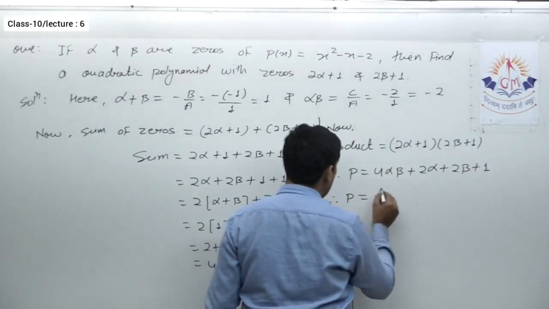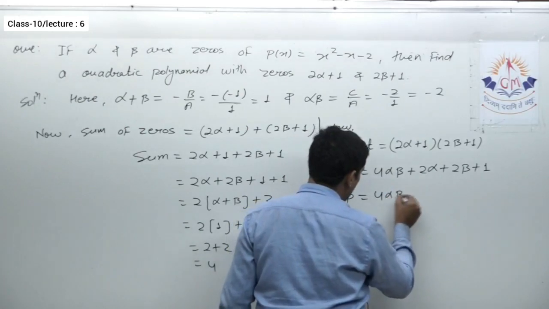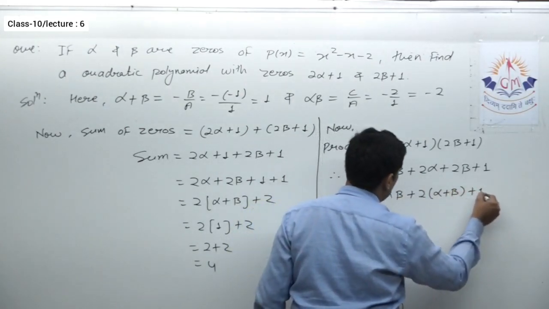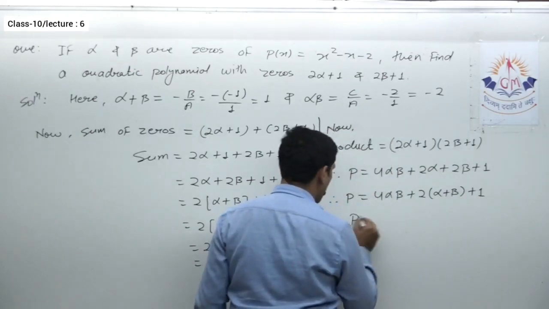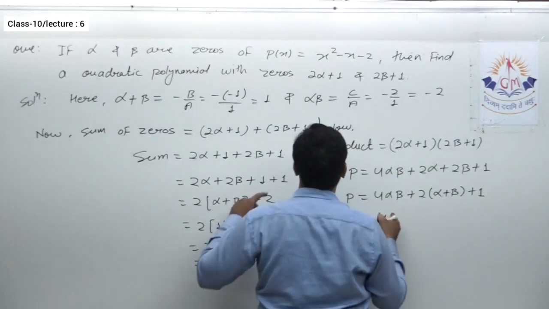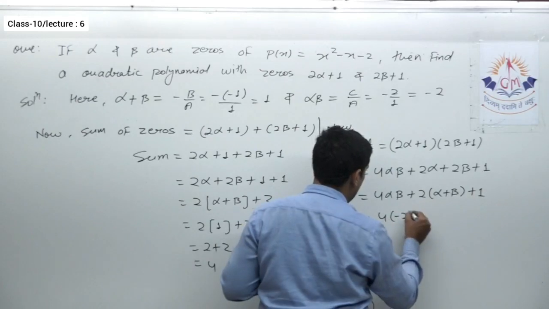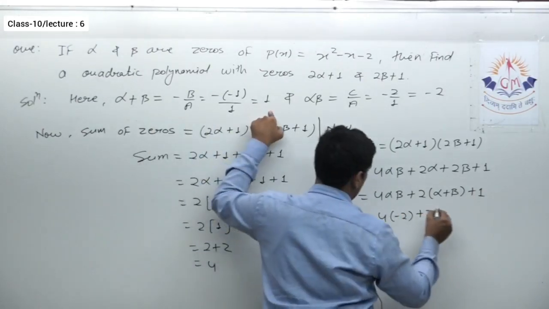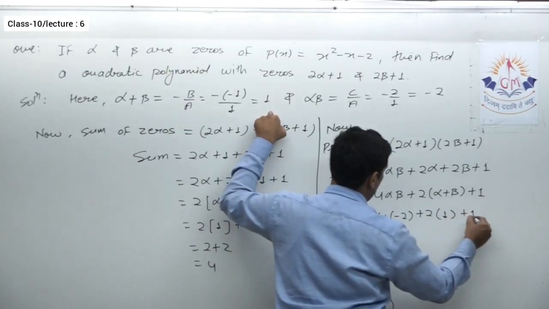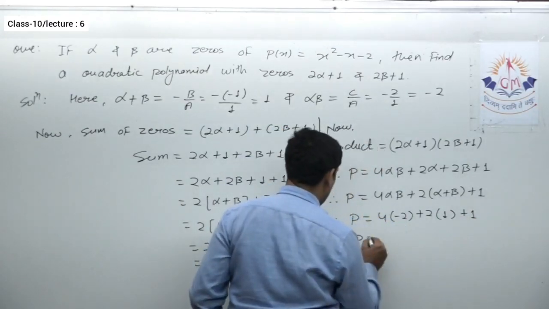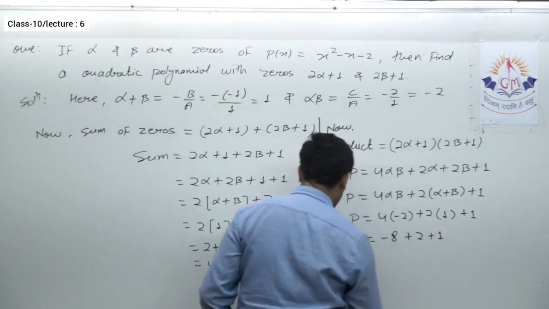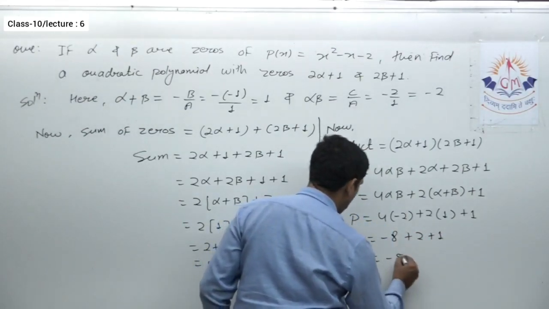Therefore product is equal to 4 alpha beta plus 2 times alpha plus beta, plus 1. Now in place of alpha beta I can write minus 2, and in place of alpha plus beta I can write 1, then plus 1. So the product of zeros is minus 8 plus 2 plus 1, that is minus 5.